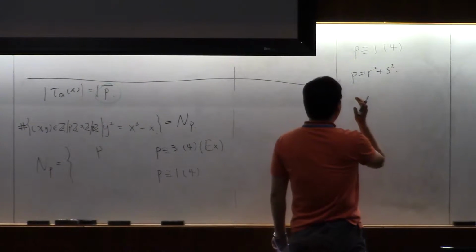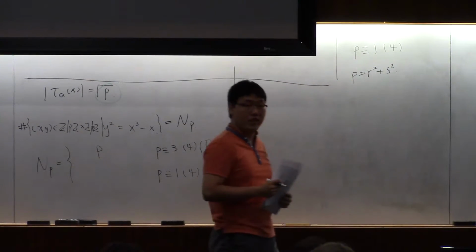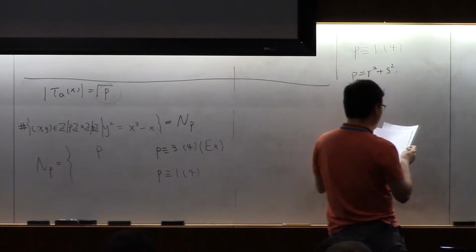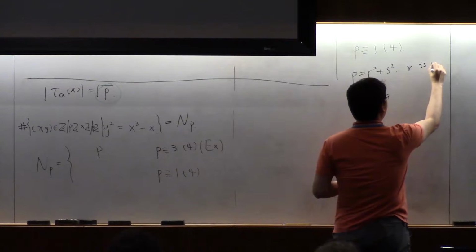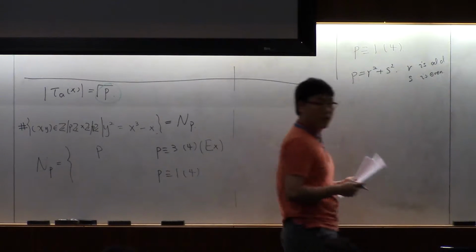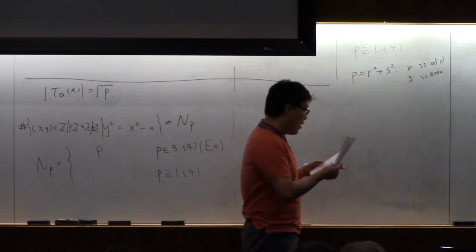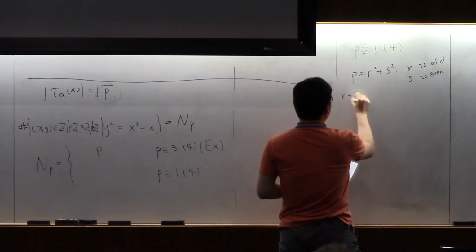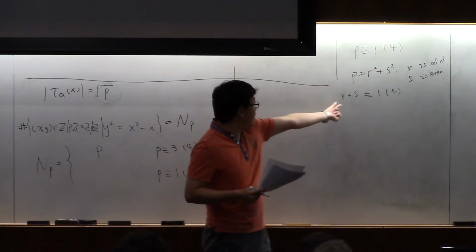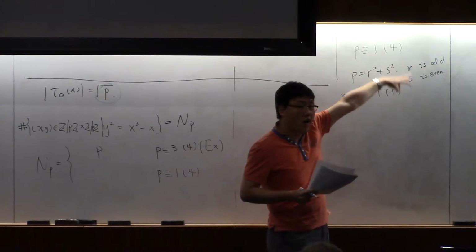If p is congruent to 3 modulo 4, it is impossible to find such a pair of integers. R and S are not unique, but if you require that R is odd and S is even, then R and S are unique up to sign. If you further require that the sum of these two integers is congruent to 1 modulo 4, then R and S are unique.